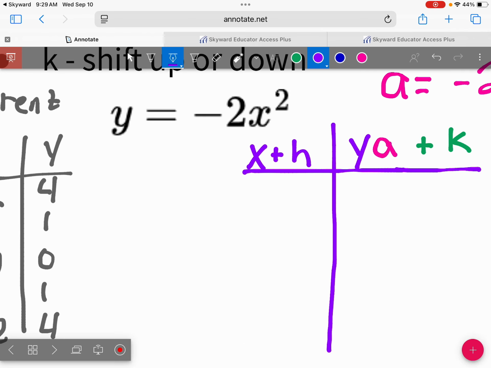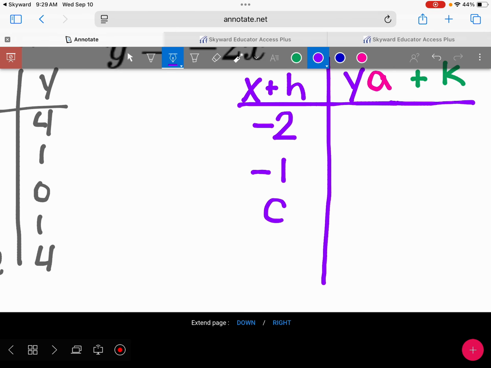So our x values aren't going to change. They're going to be exactly the same as our parent, our negative 2, negative 1, 0, 1, and 2. Those guys aren't changing. Why not? Because we don't have any h's. There was no h inside the parentheses with the x. If we had an h, it would be inside like this guy. And I also don't have any k's because I don't have anybody plus on the end. So that's not changing anything here.